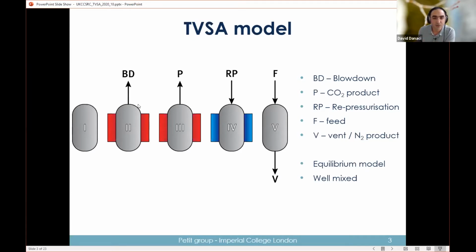Steps 2 and 3 are where the regeneration occurs, so the bed is heated, and you have options for a blowdown step and the product collection step. A blowdown step is essentially a purge of product.